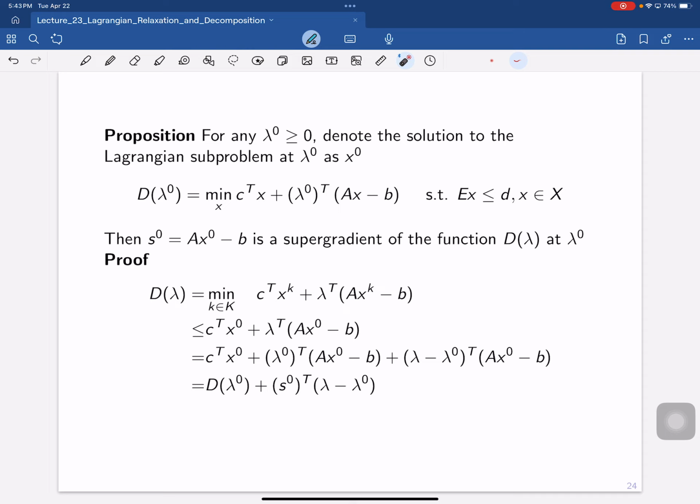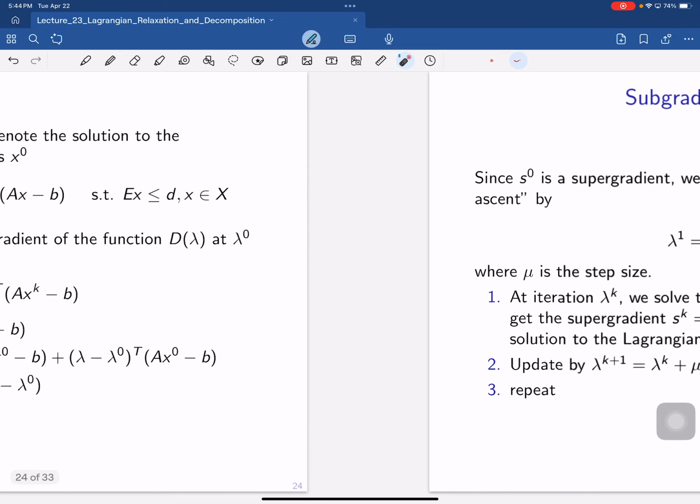Then you can rearrange this a little bit, and you will get d lambda less than or equal to d lambda 0 plus s0 times lambda minus lambda naught. It shows x naught gives a subgradient at lambda naught. Okay, so this is a very simple proof.